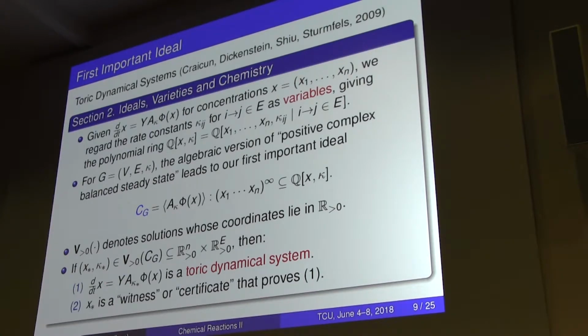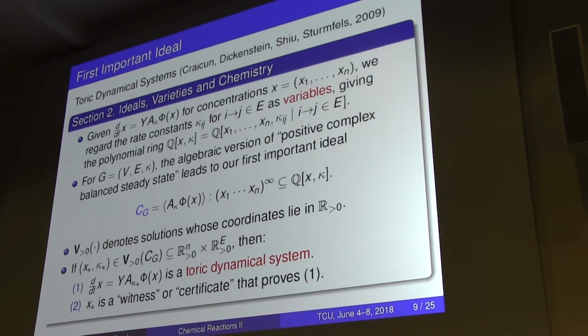And the way this one is set up is that not only do these give a toric dynamical system, but this is the witness that proves that it's a toric dynamical system. So I get the parameters of the system accompanied with the proof that it actually has a positive complex balanced solution. So that's really nice. But what we're going to see is that we can even do better.